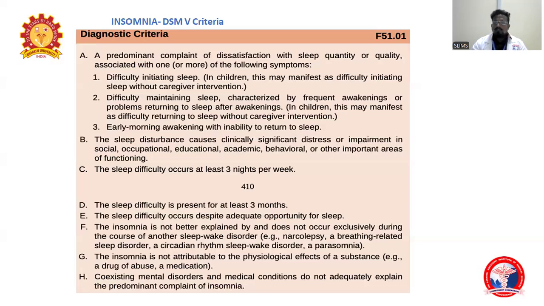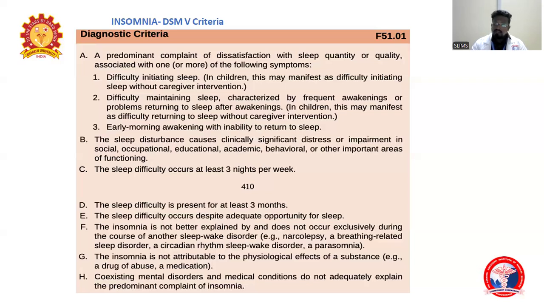The sleep disturbance causes clinically significant distress or impairment in social, occupational, educational, academic, behavioral, or other important areas of functioning. The sleep difficulty occurs at least 3 nights per week. So out of those three, A, B, and C, two should be present to call it insomnia.